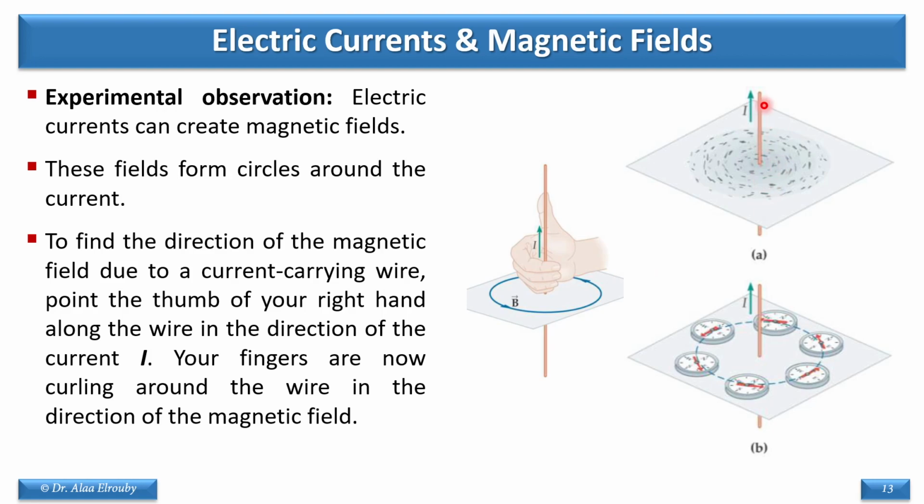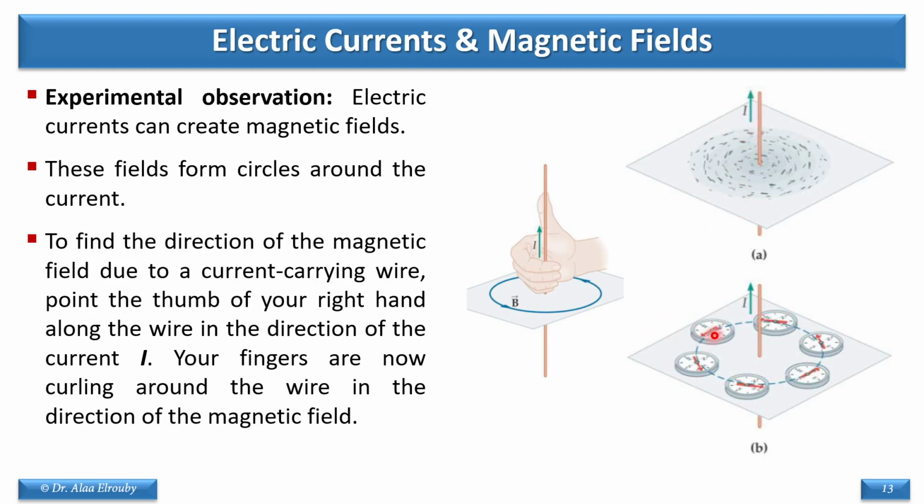And if we put this wire in this shape and we bring some paper sheet or something, and we put some iron powder or like steel powder, very small particles of iron on this sheet, and we just check them, they will be organized in circles along the direction which is the shape of the magnetic field generated by this current.